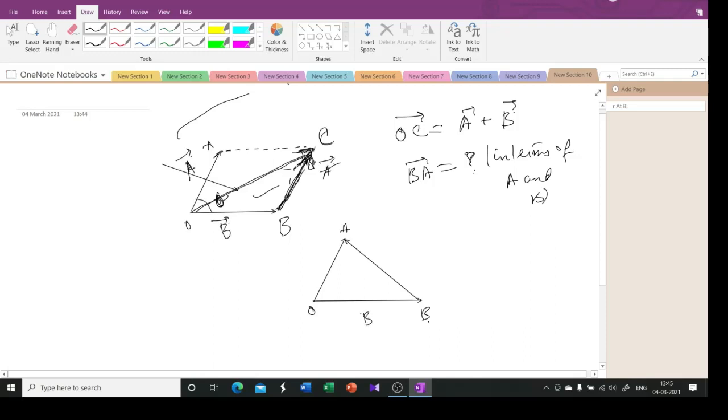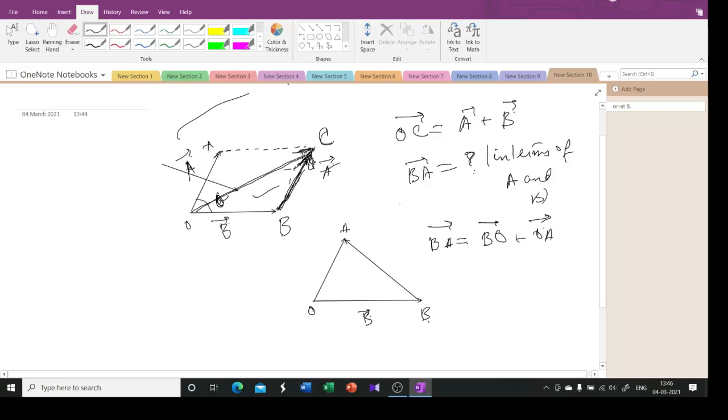So this is B vector. So tell me, what is AB vector equal to? AB vector is simply equal to BO. Sorry. So what is BA vector equal to? Very sorry. BA vector is equal to BO vector plus OA vector.